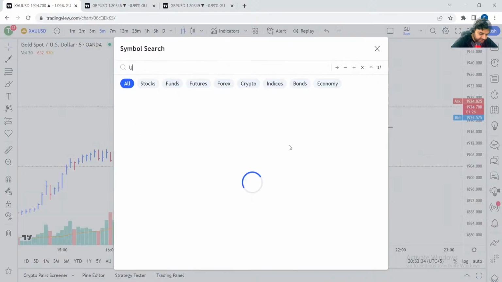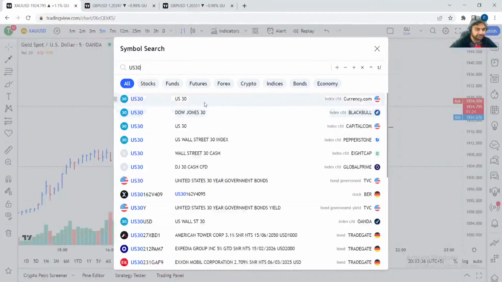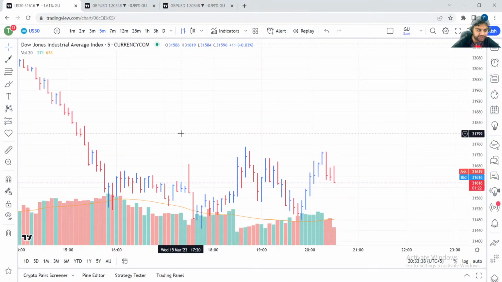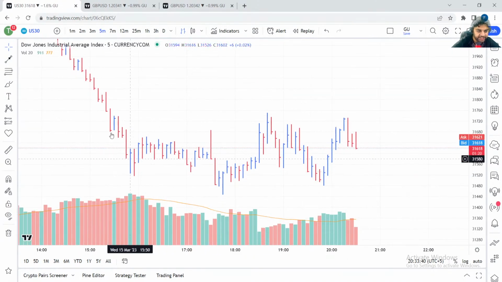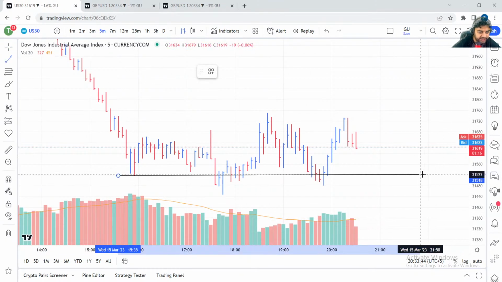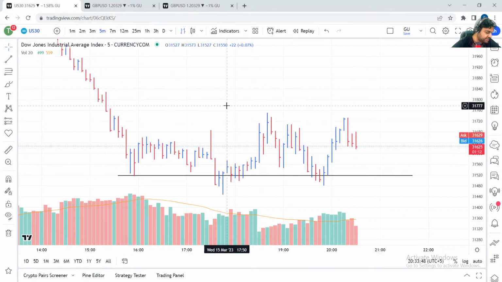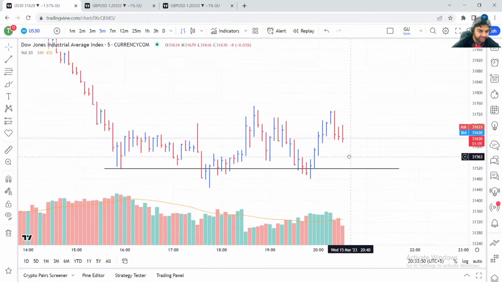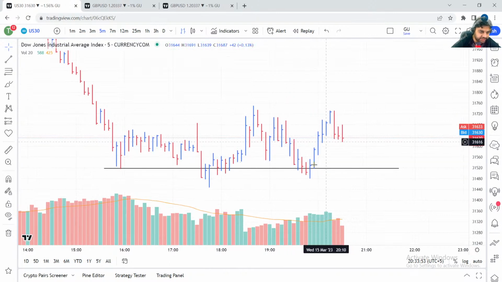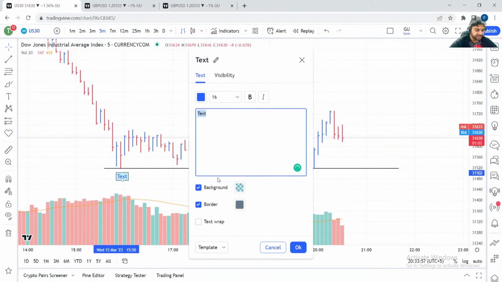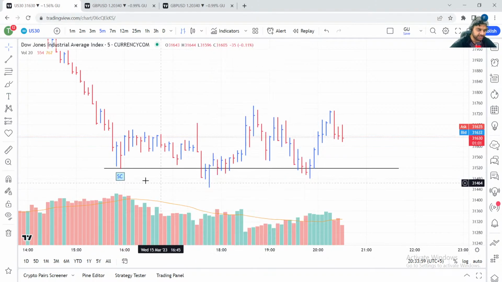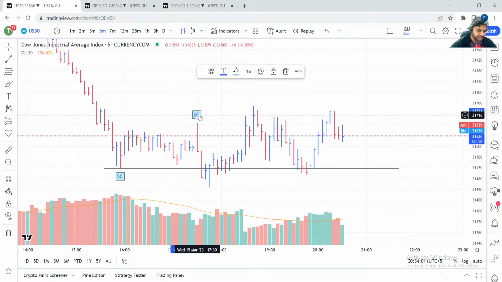Okay, US 30. All right, guys, US 30. I don't see any trade yet, but I can clearly see that the market is in accumulation. Wow, this is cool, isn't it, guys? Market is in accumulation, and maybe this is a jump across the creek. This one, guys, can we label this selling climax, automatic rally?